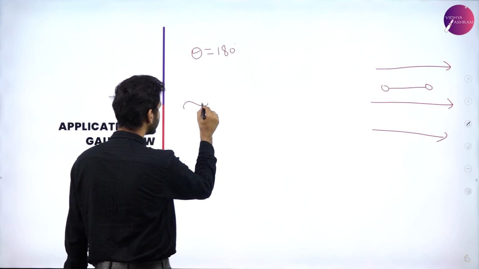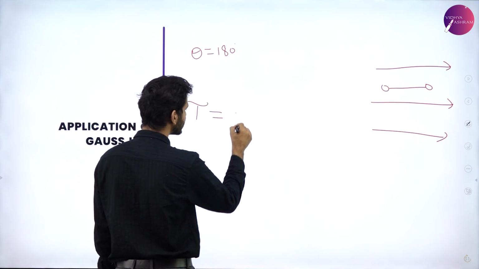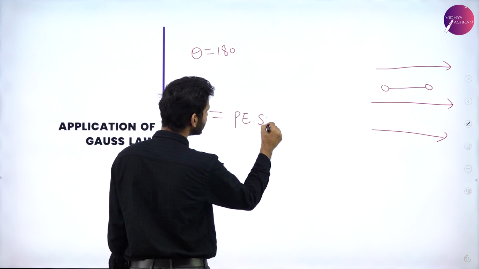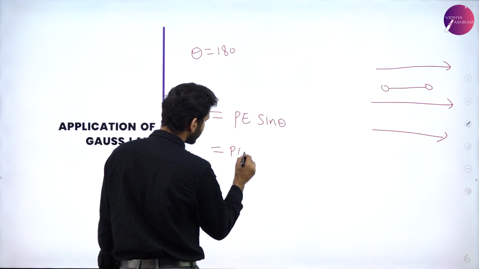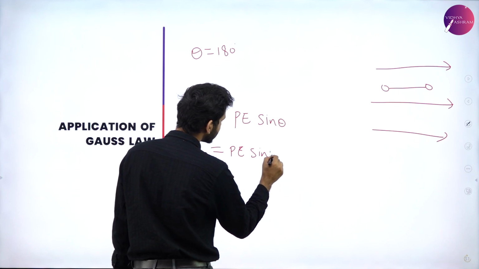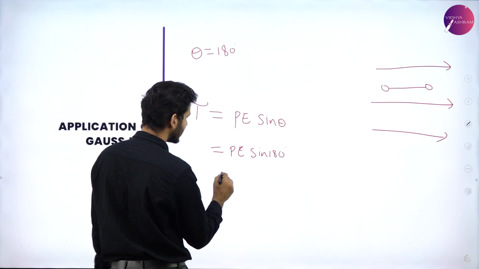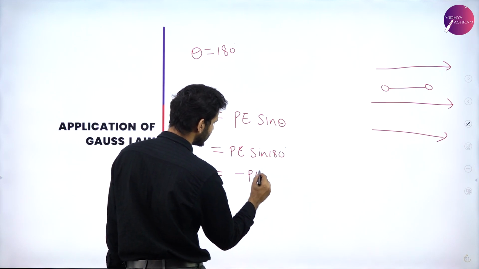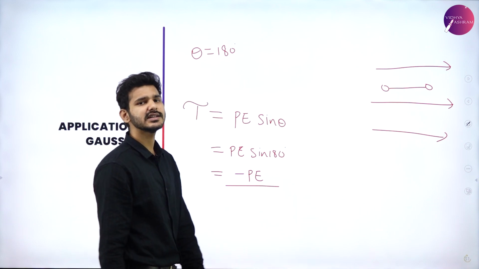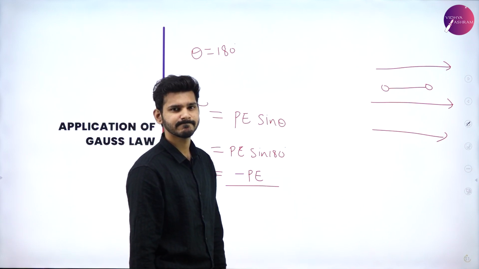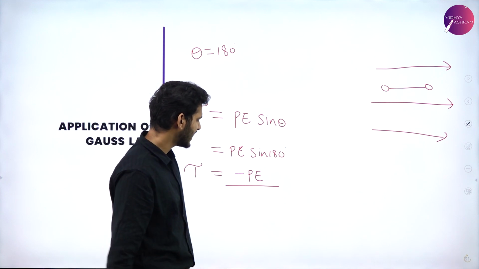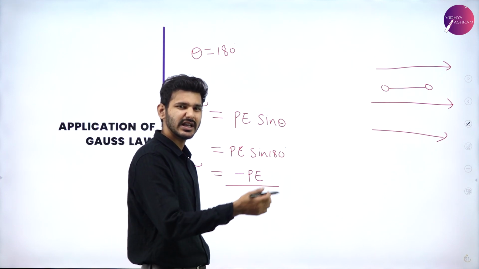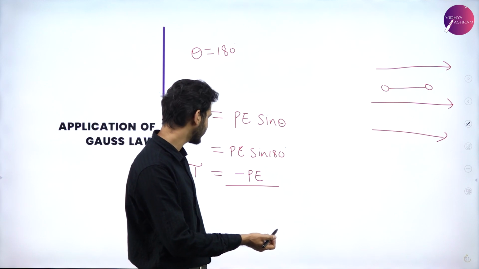So we have our equation tau is equal to PE sine theta, or P cross E, and sine theta here is PE sine 180 degrees, which means negative PE. What does negative PE mean? I don't understand it. Torque is equal to negative dipole moment times magnitude of electric field.